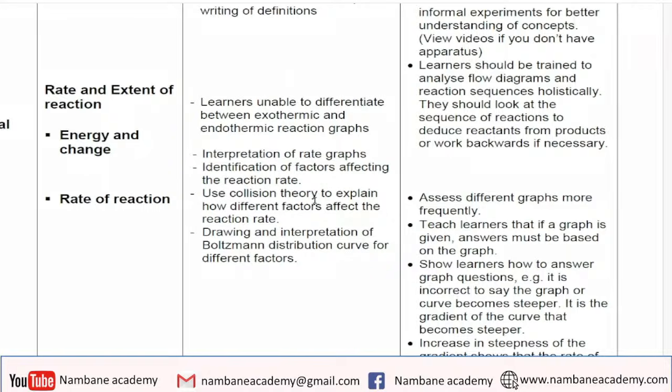Then once we have identified the rate of reaction, we have factors that affect the rate of reaction, and all those factors are important to understand. We have nature of reactants. It can affect the rate of reaction, but as a person conducting an experiment, we can't change the nature of reactants. What we can change is moving from one reactant to the other. Obviously, the two reactants will have different properties.